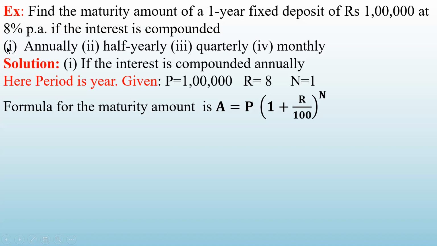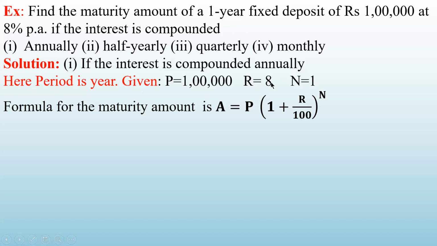So let us take the first one. If the interest is compounded annually, that means the interest is calculated yearly, and the amount is also kept for 1 year only. So here the period is year, and our rate of interest is also given yearly. So R is 8 and n is also 1.